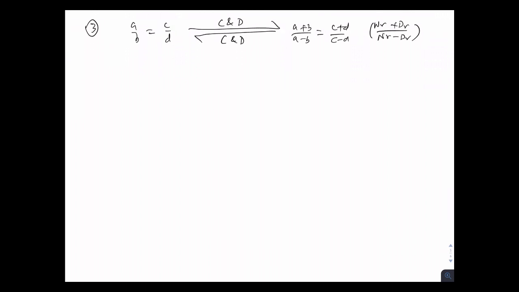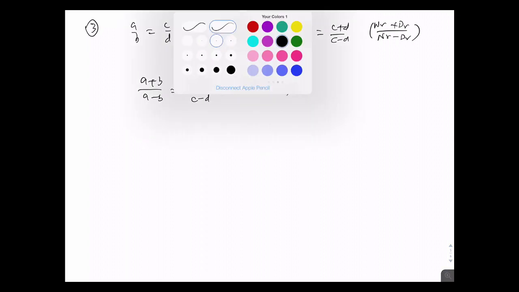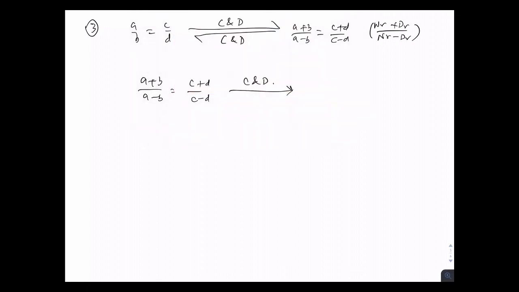So let us see how this will happen. Imagine they have given us this and we are applying componendo and dividendo on it. When you apply componendo and dividendo, what exactly happens? This is numerator, denominator, numerator, denominator. So you write numerator plus denominator upon numerator minus denominator. That will follow on the other side also.